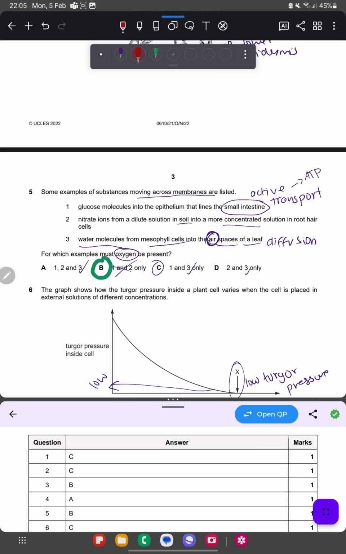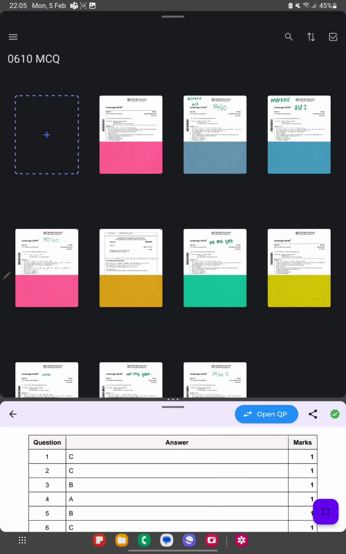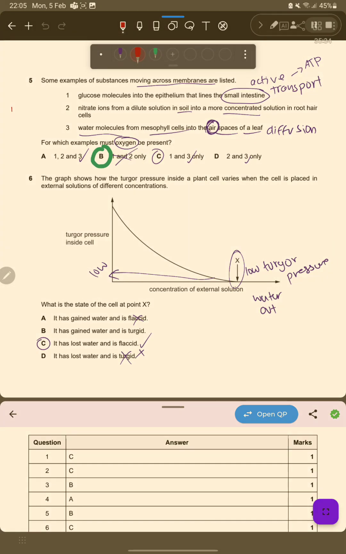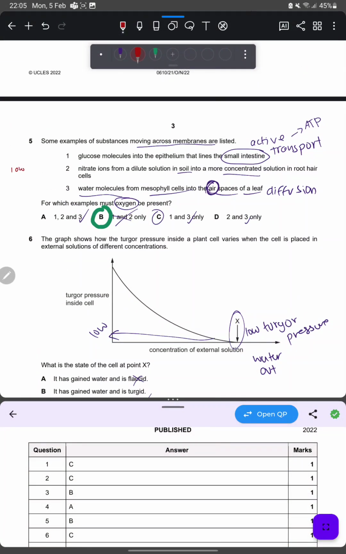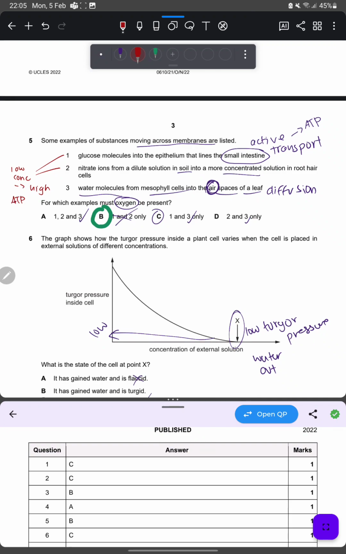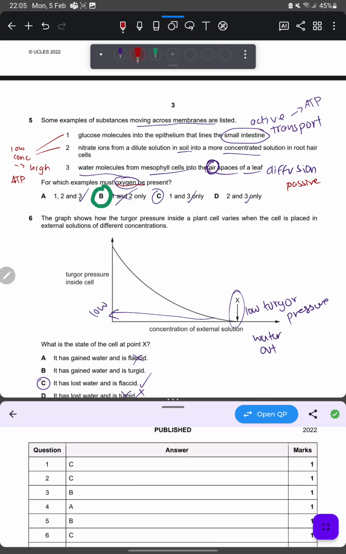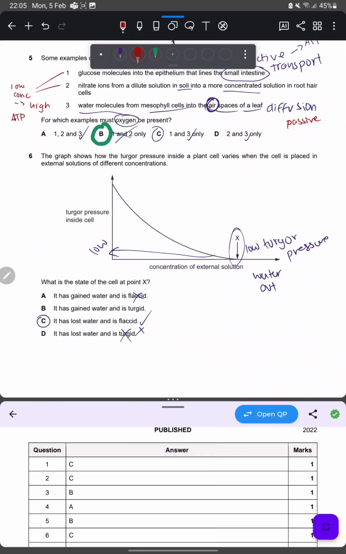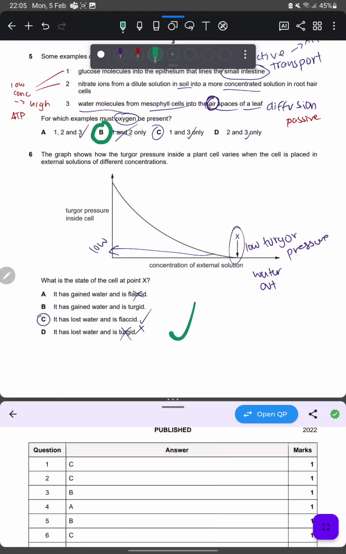So we are going from a low concentration to a high concentration in both these cases, which use ATP, which requires oxygen. And this is diffusion, which is a passive process. Wow, okay. Which oxygen must be present. So I guess they mean in any stage it has to be present. Okay. Well, C, yep.